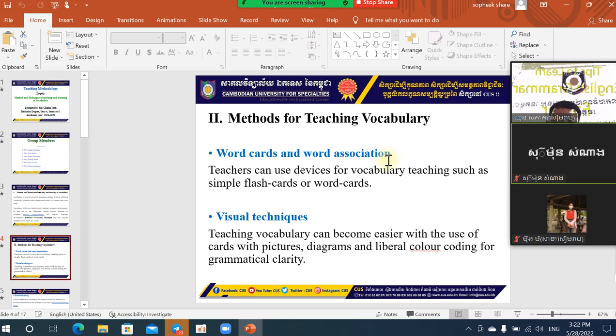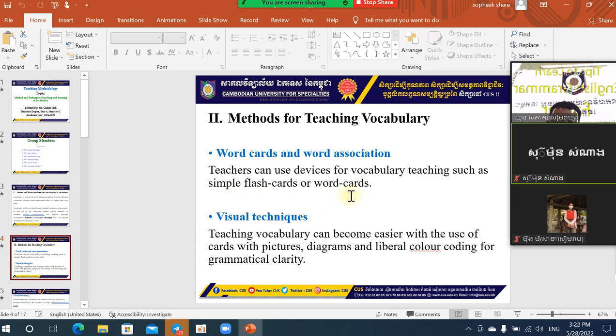For word cards and word associations, teacher can use devices for vocabulary teaching such as simple flashcards and word cards. Yeah, you can use flashcards or word cards.